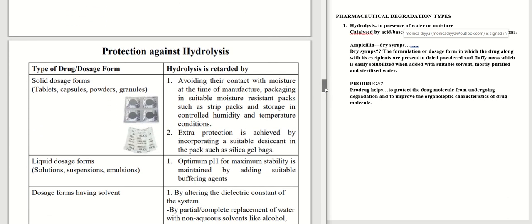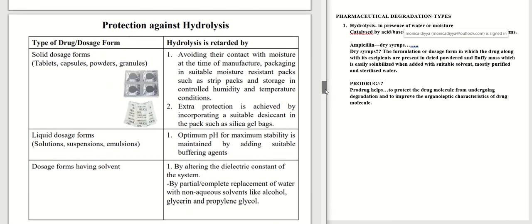Now, being pharmacists, we need to know the various methods to protect the molecule from being hydrolyzed. So let us see one by one. The first one is solid dosage forms like capsules, tablets, granules, and powders. How can we protect them? By selecting good packaging materials which are moisture resistant, such as strip packs, and by storing in controlled humidity and temperature conditions.